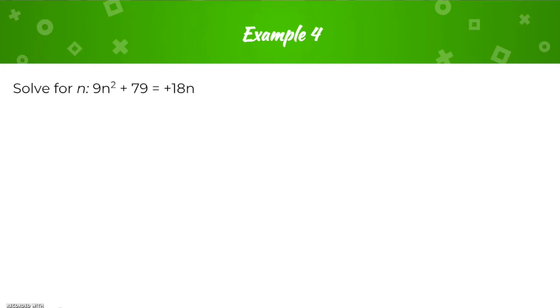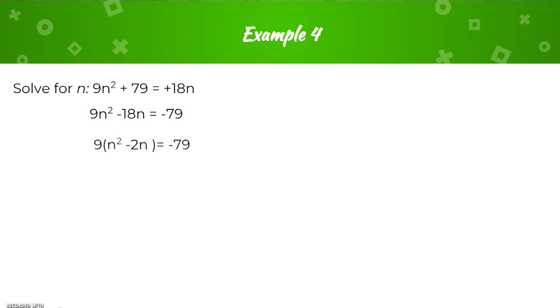So we subtract 18n from the right side. So we will have 9n squared minus 18n equals negative 79, since we need to pass the c value to the right side of the equation.